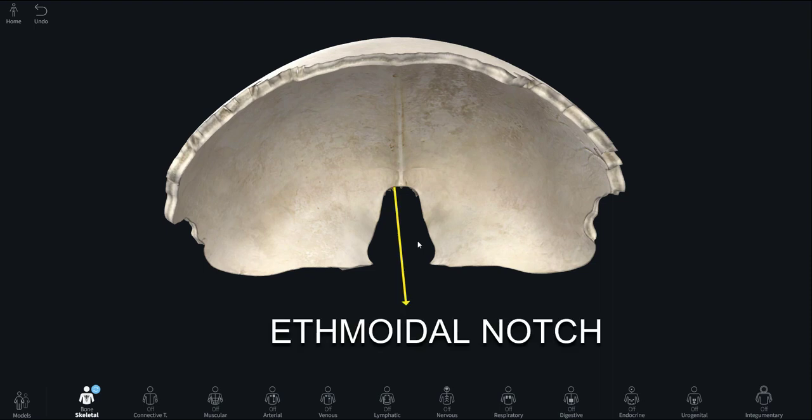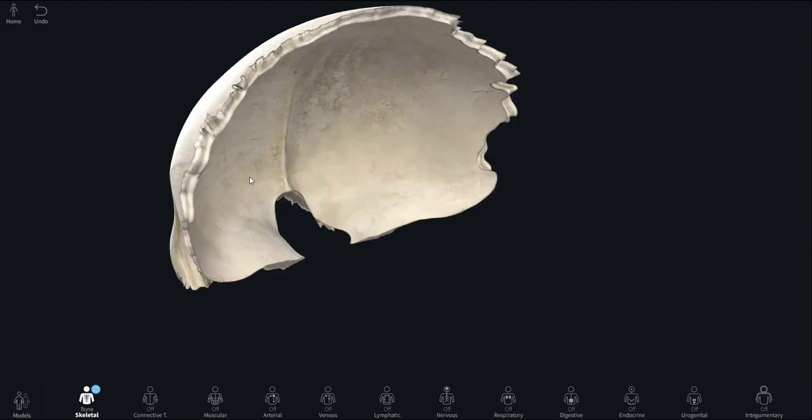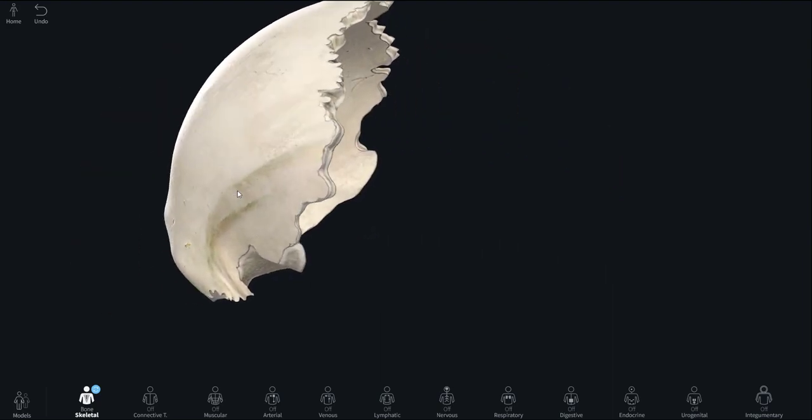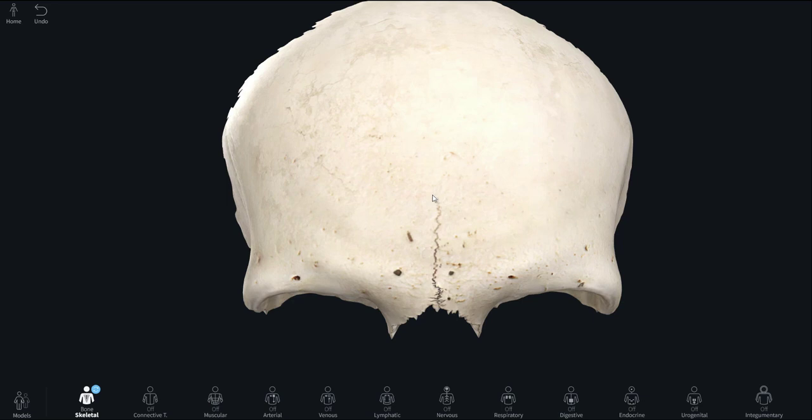The ethmoidal notch is also a very prominent and important landmark of the frontal bone. And as the name suggests, obviously, the ethmoidal notch of the frontal bone will lodge the ethmoidal bone. We will talk about the ethmoidal notch later when we talk about the internal surface of the frontal bone. But for now, let's focus on the external, smooth outer surface of the squamous part of the frontal bone.